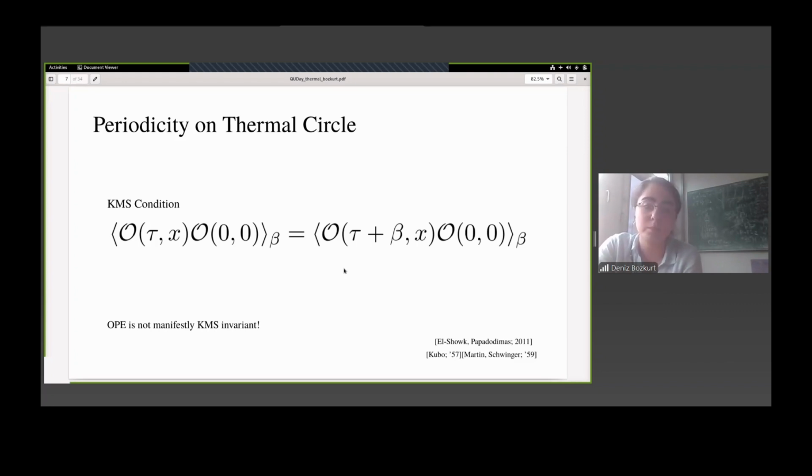And we will also make use of this extensively. And I should also tell you here that when we expand the 2-point function in OPE, the thermal conformal blocks are not manifestly KMS invariant.